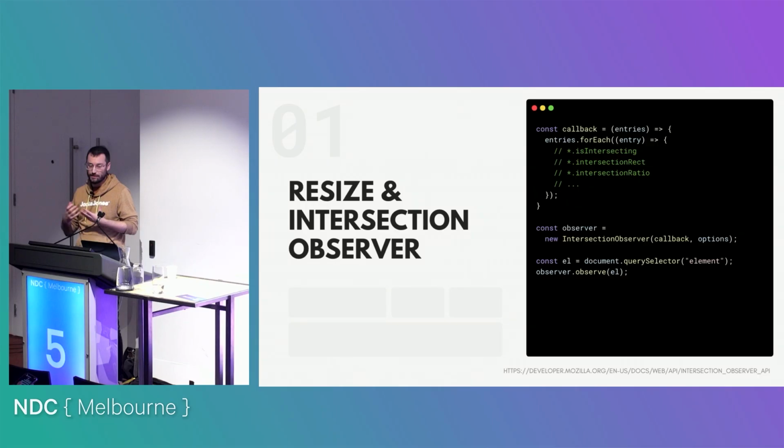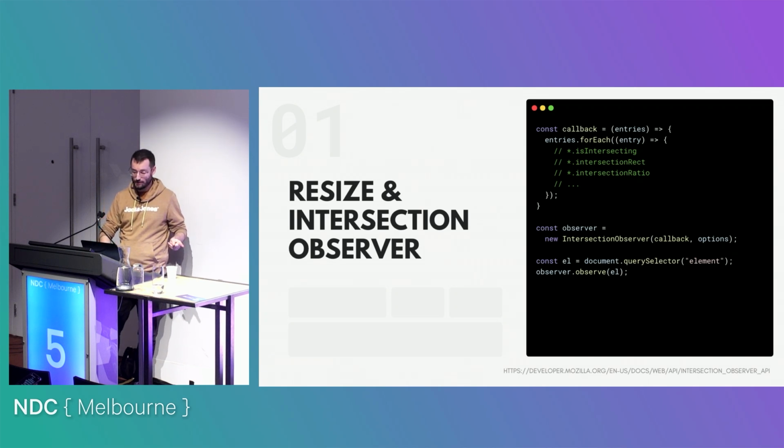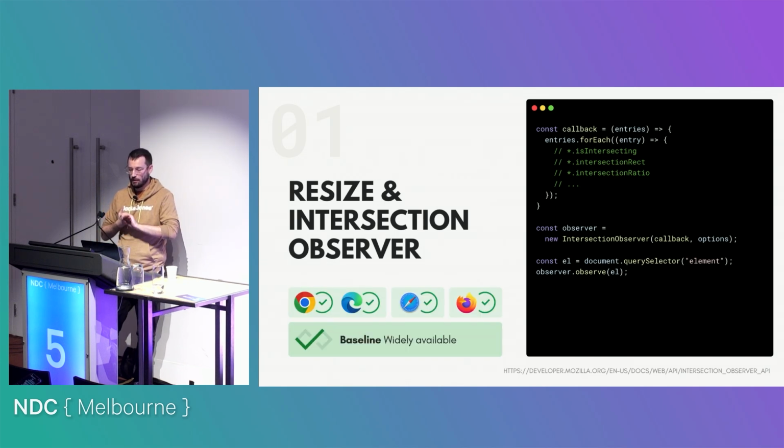So even if you don't use these APIs directly in your application, being aware of them and of the power they give you in JavaScript is really important. Like I mentioned, these APIs have been around for a while and are widely supported.